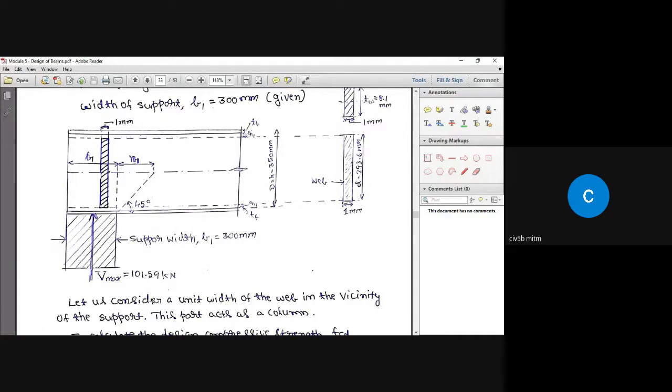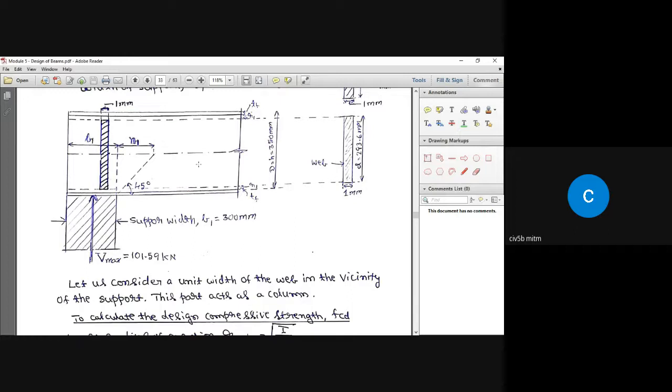As a result of the presence of this shear force, the web may buckle. That depends on what kind of stress is going to develop along the center line of the beam. So we have to make sure that the load carried by that area of the web is adequate to take care of Vmax equal to 101.59 kilonewton.